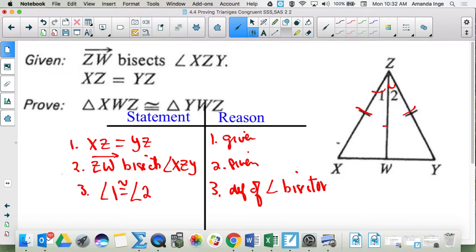Now what do we know about ZW? I haven't gone over this, but I was in hopes that y'all would catch the ZW in both of those triangles. Is it a side to both of those triangles?